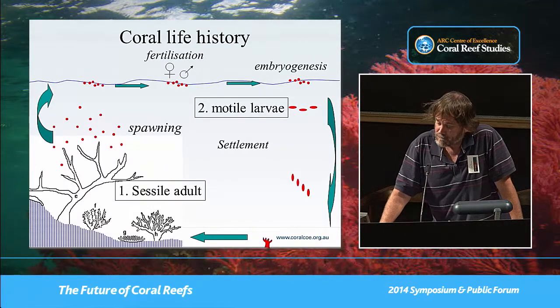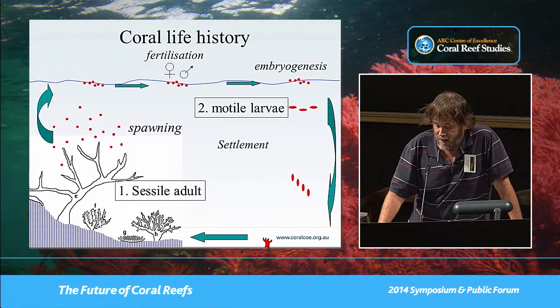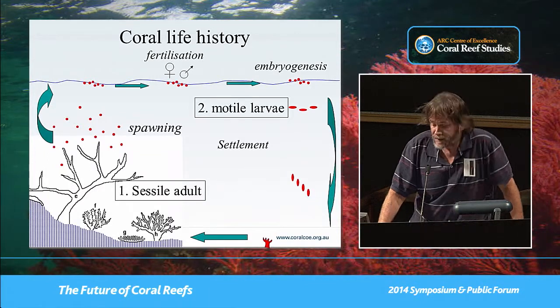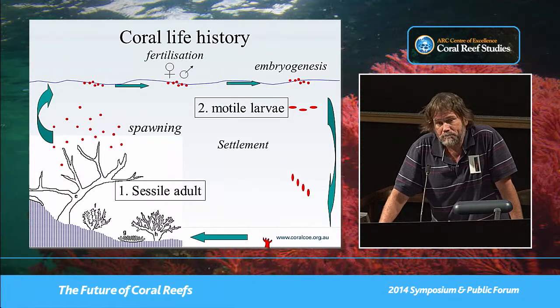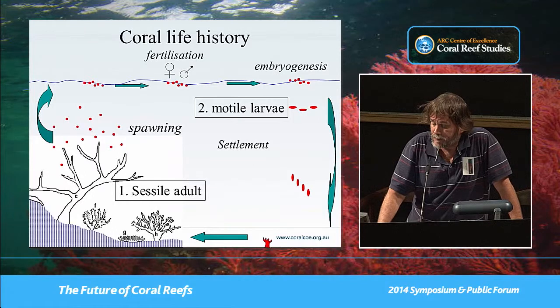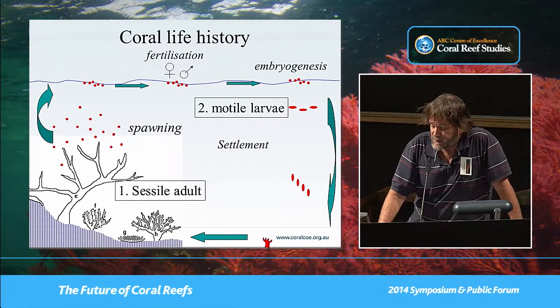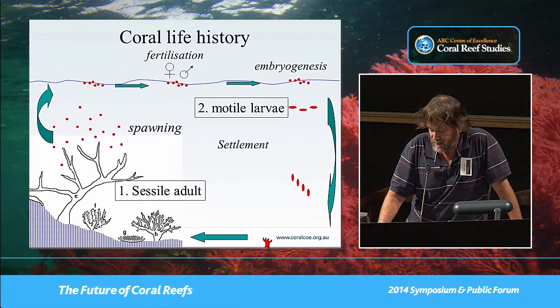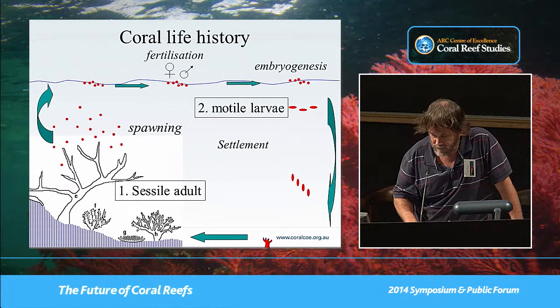This is a diagram illustrating the life history of a coral. We have a sessile adult in the left corner there. They release their gametes into the water column. They're fertilised. They develop through embryogenesis into a motile larva, which swims down to the bottom and settles, producing a juvenile and completing the life cycle.